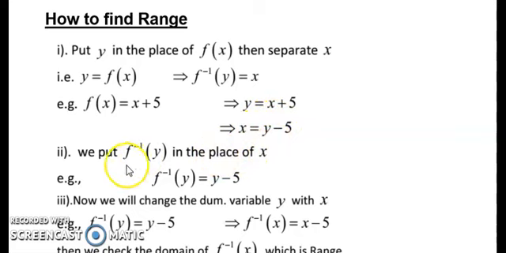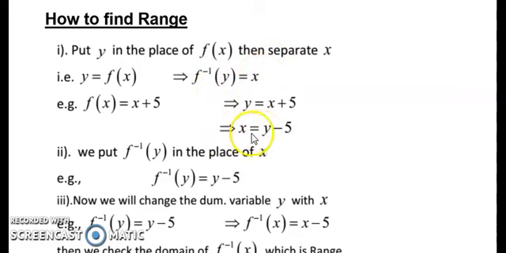The next step is to put f inverse of y in the place of x, because f inverse of y is equal to x. So instead of x, we can insert f inverse of y, or instead of f inverse of y, we can replace it with x.